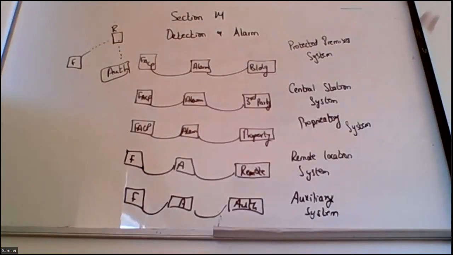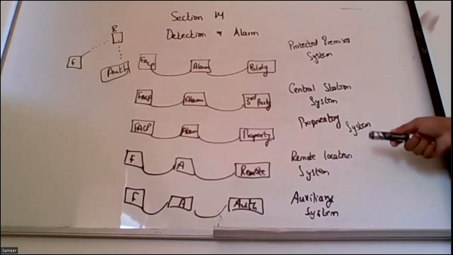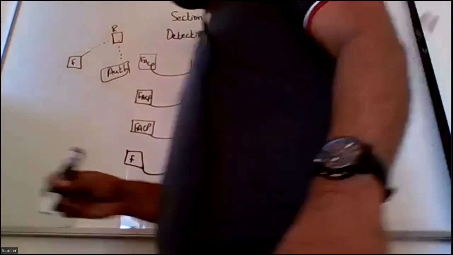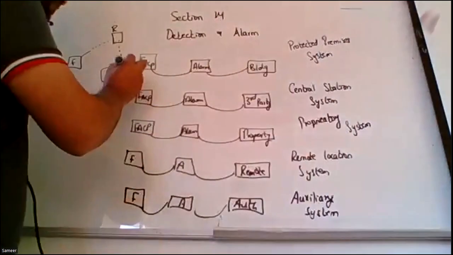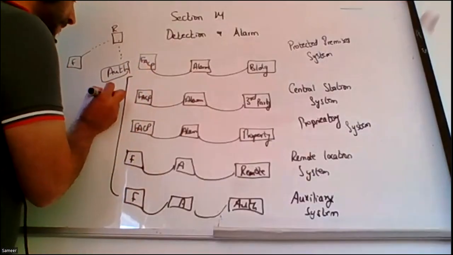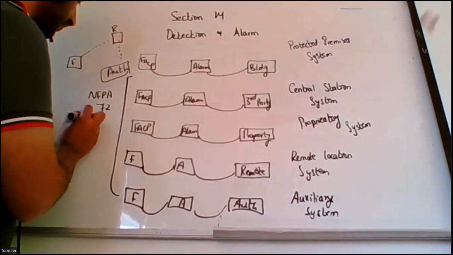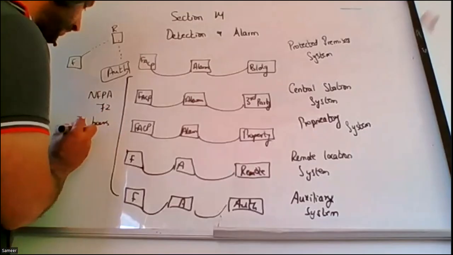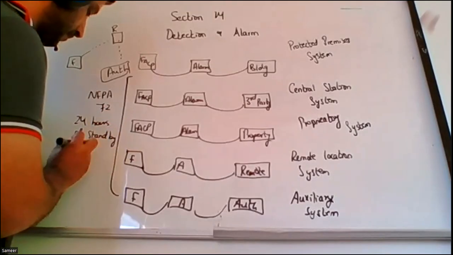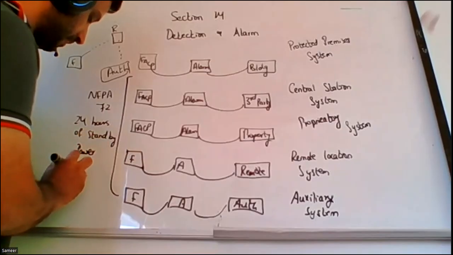NFPA 72 says that whether it's a protected premises system, central station system, proprietary system, remote location system, or auxiliary system, all of these systems, as per the NFPA 72 requirements, should have 24 hours of standby power, followed by minimum 5 minutes of alarm.